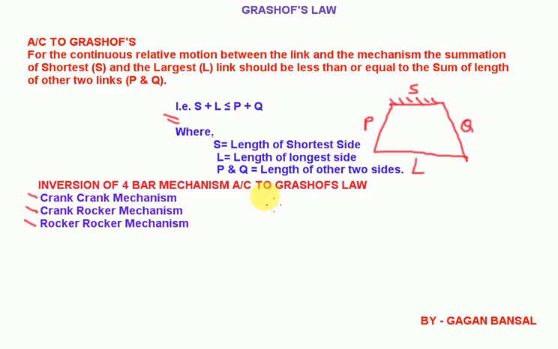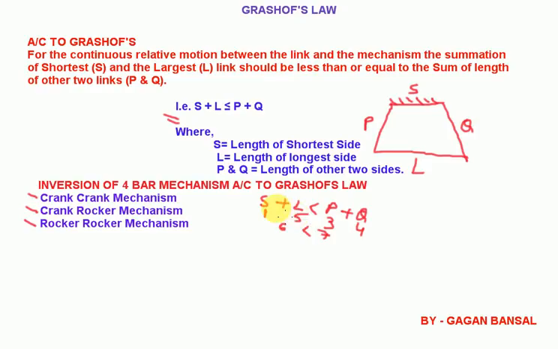Suppose in condition 1, S plus L is less than P plus Q. Let S equal 1, L equal 5, P equal 3, and Q equal 4. So 6 is less than 7.